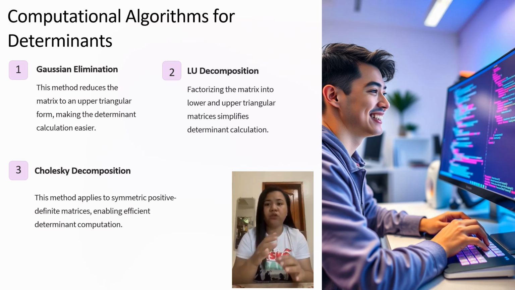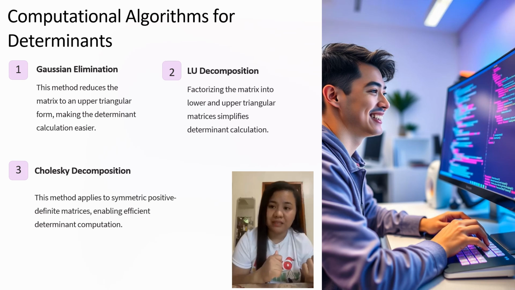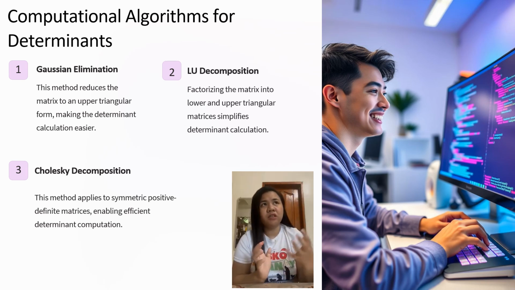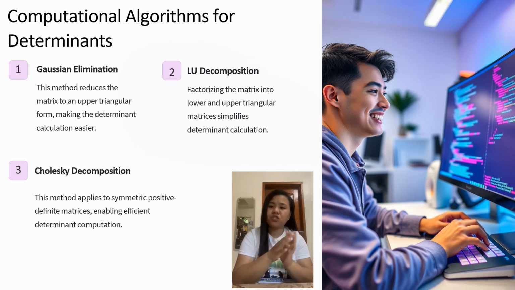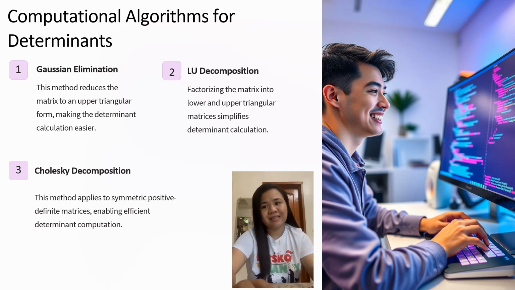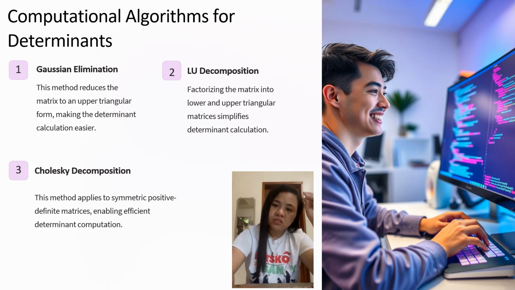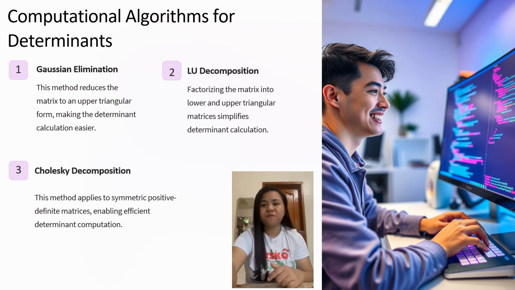Then you multiply the diagonal elements of the triangular matrix. As for complexity, Gaussian elimination has polynomial time complexity, making it more efficient than the cofactor expansion for larger matrices. So it is a standard approach in practical applications of determinant calculations.